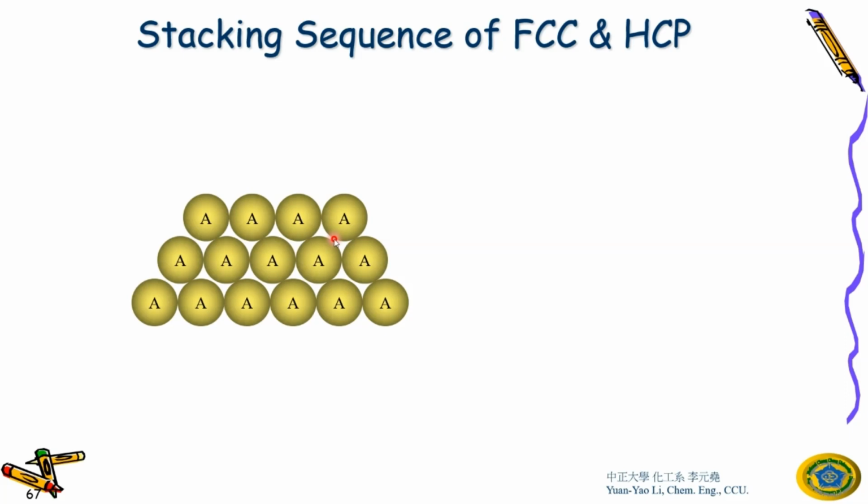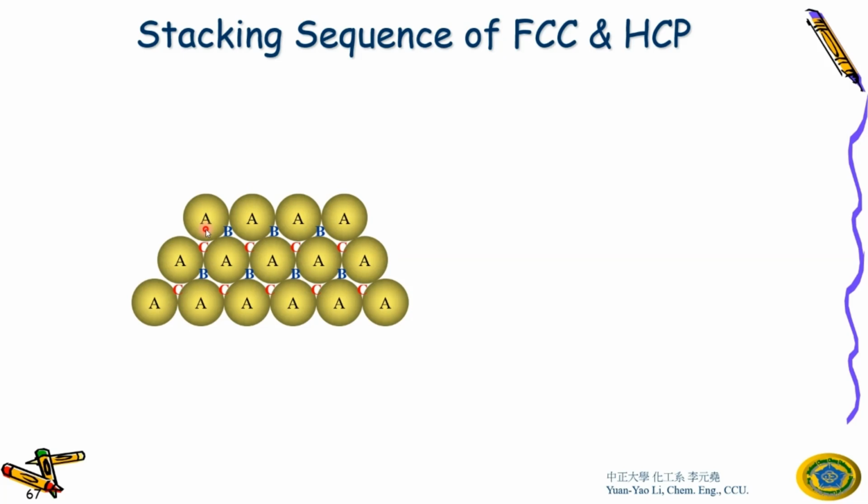Okay, and then after that, you want to put the layer 2. You have 2 choices. One is B sites, one is C sites. Can you put atoms into the A site in layer 2? No, you cannot, because there's no place. Can you imagine that?